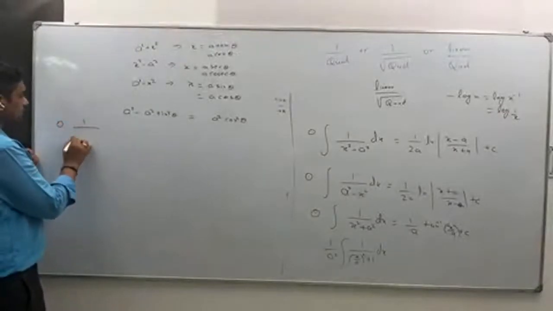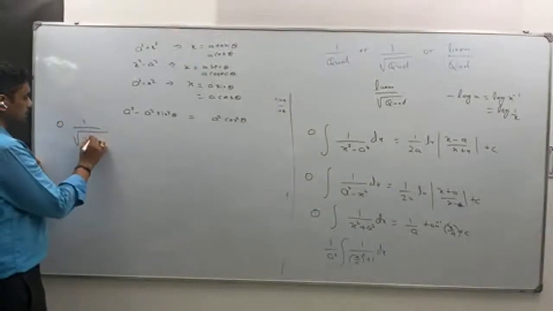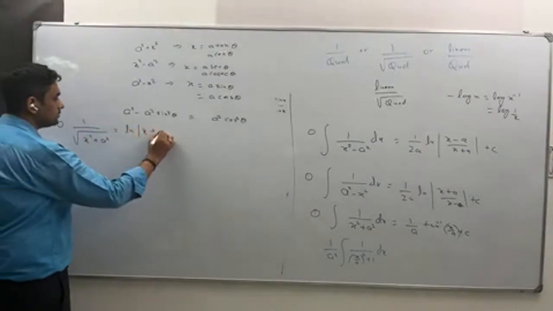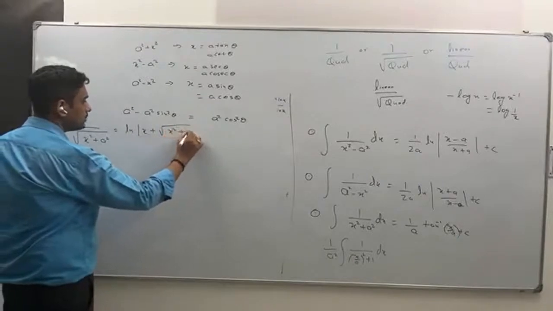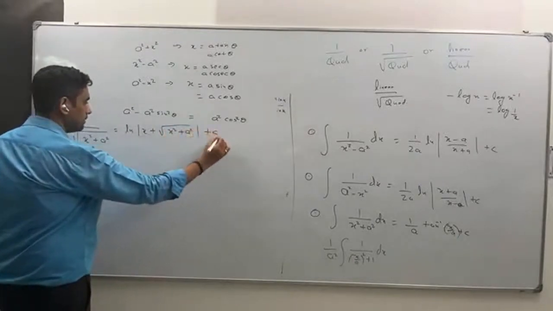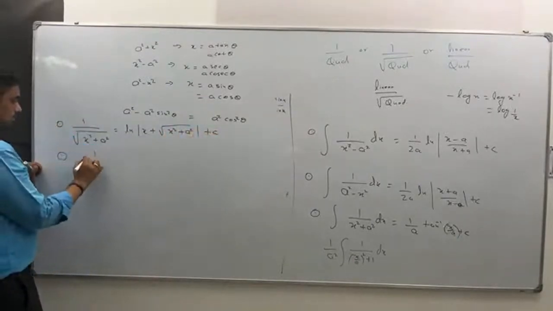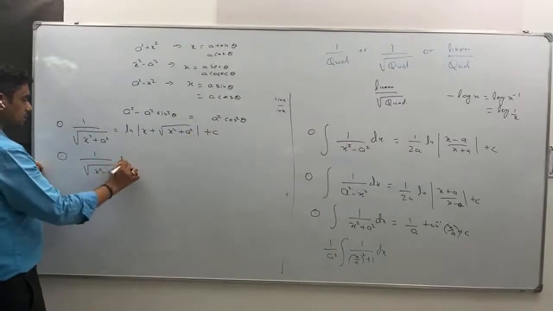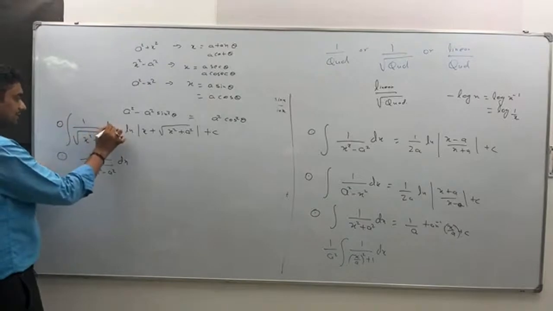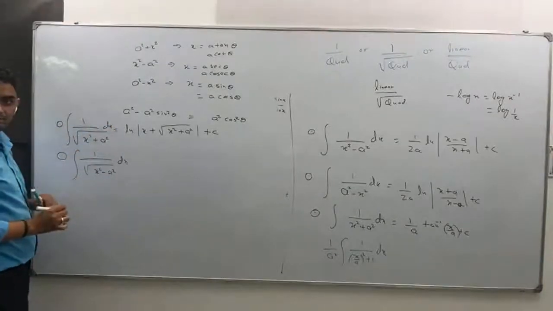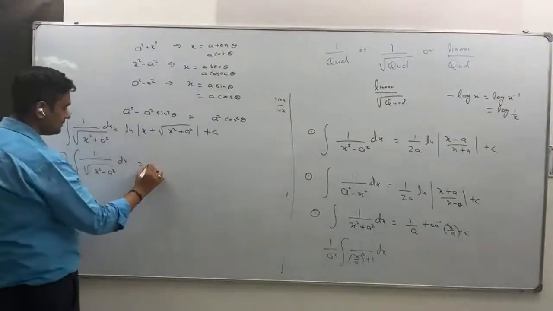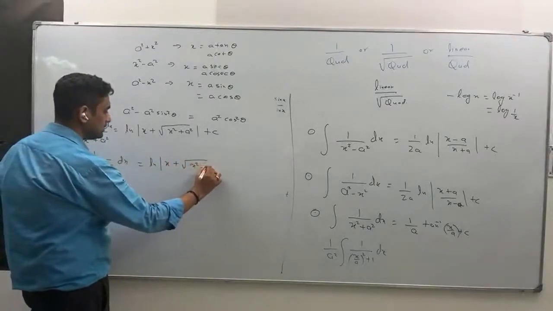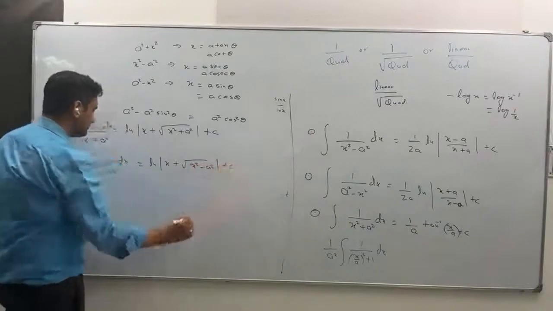If you have 1 upon root over x square plus a square, it will be ln mod x plus root over x square plus a square, plus c. Similarly for x square minus a square. All these are integral formulas. Do not think of them anywhere else. This will come out as ln mod x plus root over x square minus a square plus c.